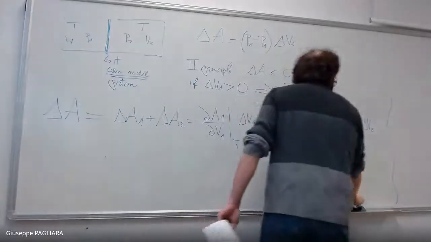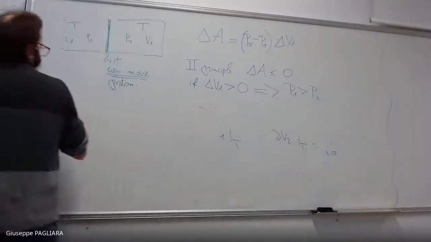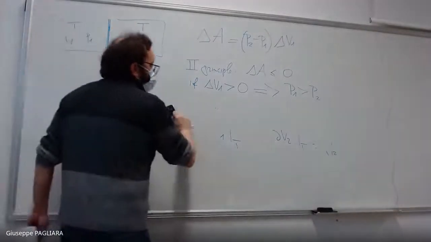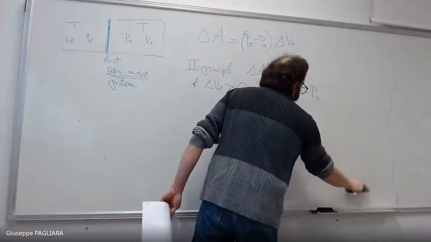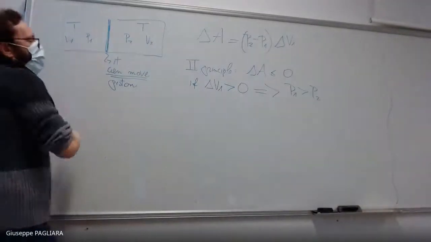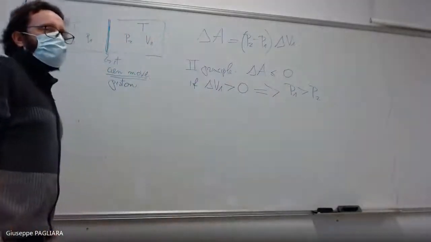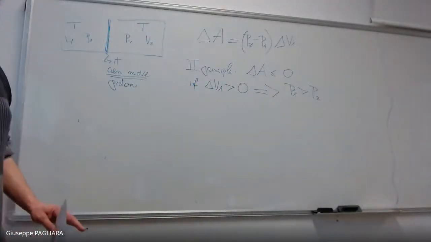So what this is telling me is that if the volume of the system in the first side is increasing, then pressure 1 must be larger than pressure 2, which is a rather intuitive result.